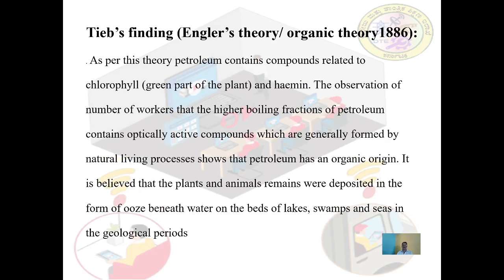The observations of a number of workers that the higher boiling fractions of petroleum contain optically active compounds, which are generally formed by natural living processes, shows that petroleum has an organic origin. It is believed that the plants and animals' remains were deposited in the form of ooze beneath the water on the beds of lakes, swamps, and seas during the geological periods.